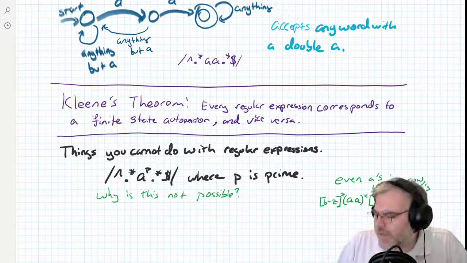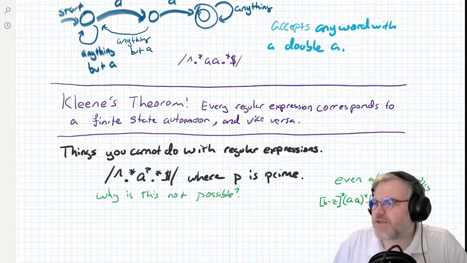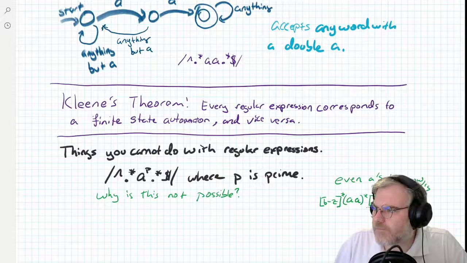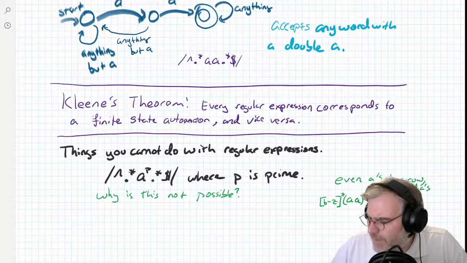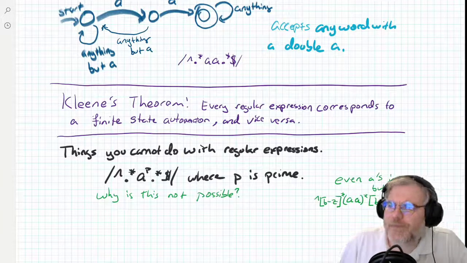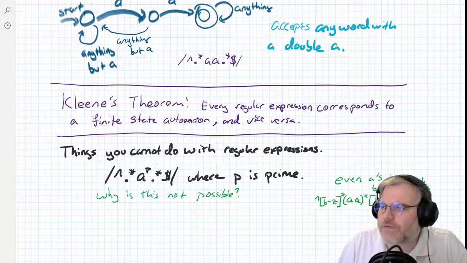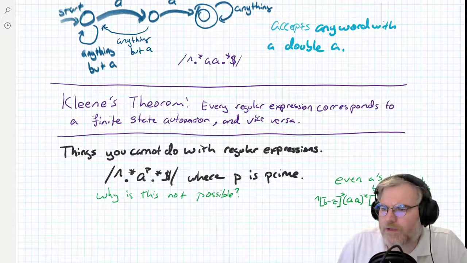So this would be even A's in a row, but no strings of odd A's. And then I'd probably do that, and in there, and I start here. This is even A's and odd A's first. You can make one that's more difficult.